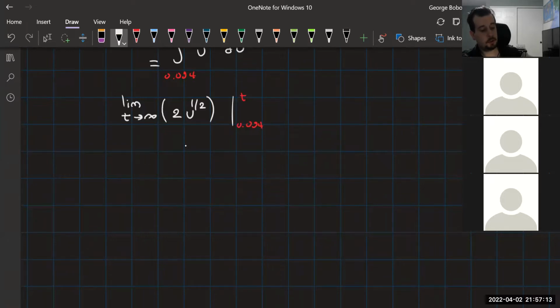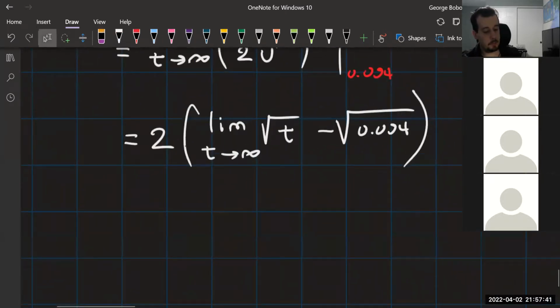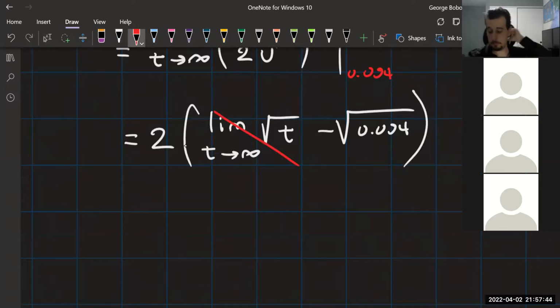Okay, fair enough. So next, we evaluate. We've got the 2 sitting outside. Limit as t goes to infinity of square root of t, and then minus square root of u, where u here will be 0.094. Perfect. Natalie, what's this limit, without really thinking?